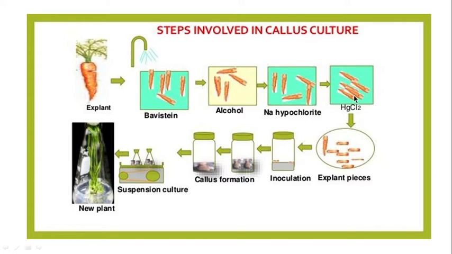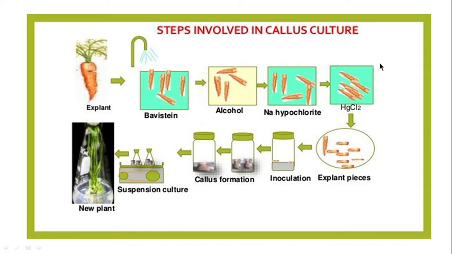After that, mercury chloride, it is also for prevention of bacterial, fungal and any other microbial infection. This treatment with mercury chloride is given. So the explant is processed through all these different types of reagents, so that the new plantlets which form will be free from contamination.